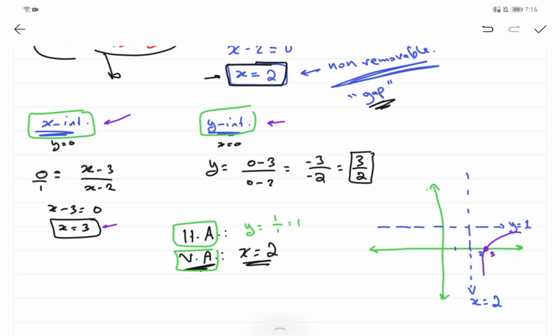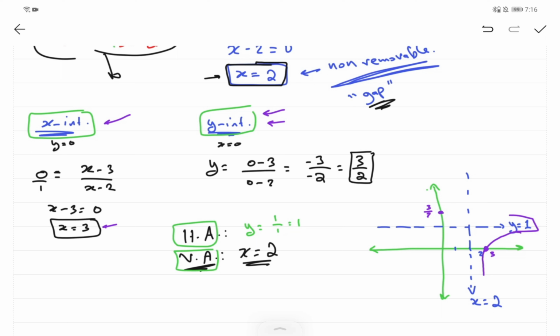So to make sure that it's like this, let's see where is the y-intercept. The y-intercept is y equals 3 over 2. And we know that 3 over 2 is more than 1. So it's going to be above the horizontal line, which is y equals 1. So it's going to be here, 3 over 2.